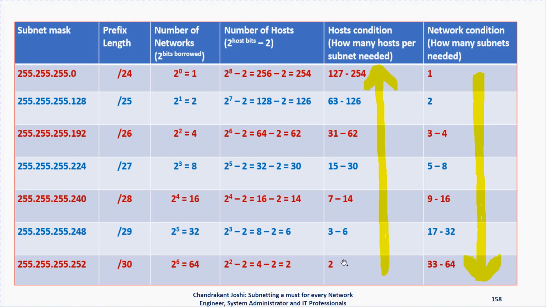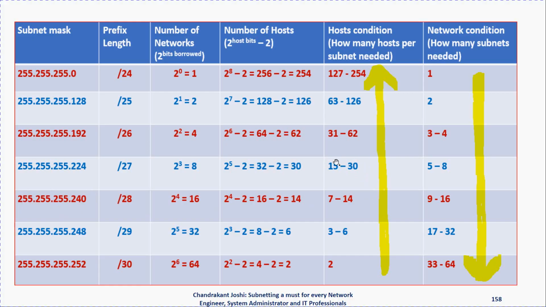If it is more than 2 hosts but up to 6, so 3 to 6, we use /29, or this is the corresponding subnet mask. If you have more than 6 hosts, so 7 through 14, up to 14, we use /28 as the prefix length, and this is the corresponding subnet mask.